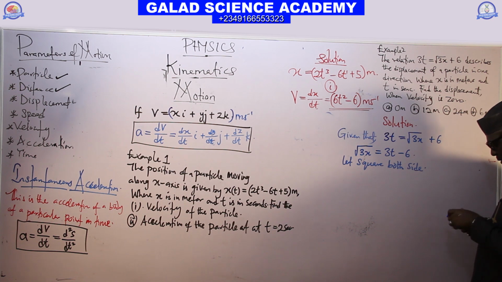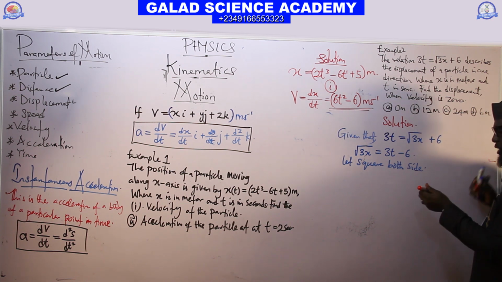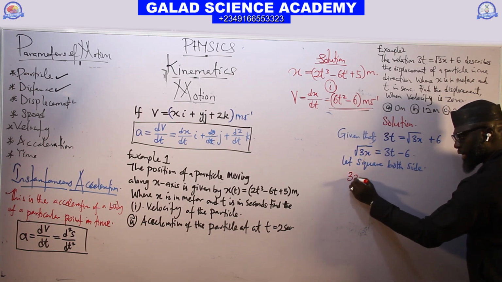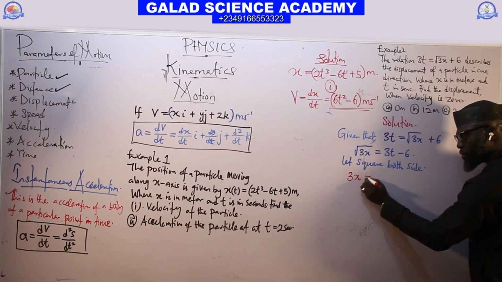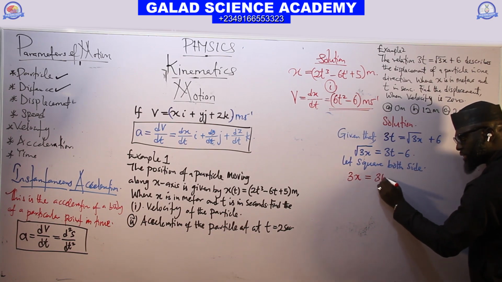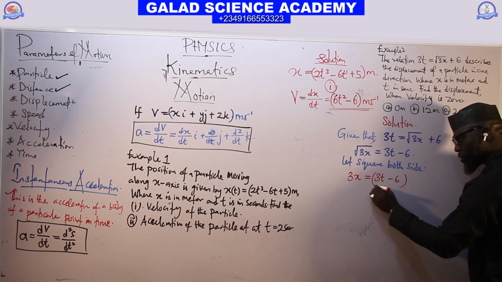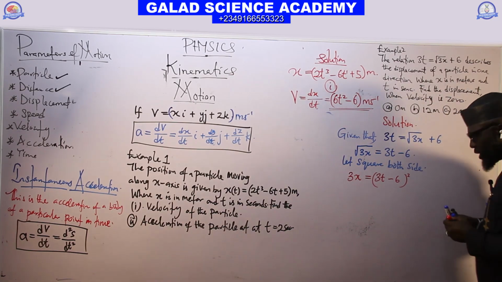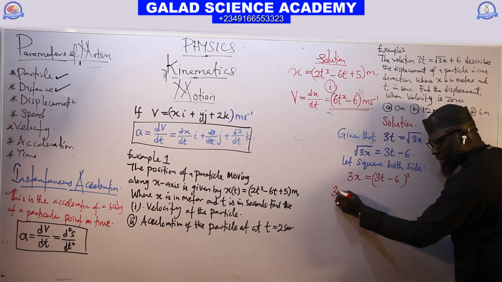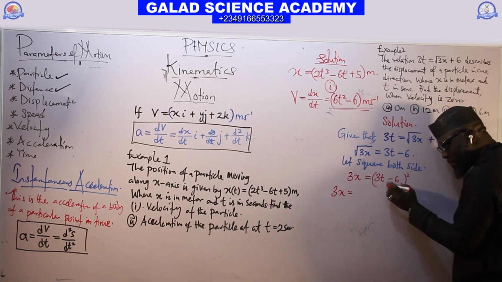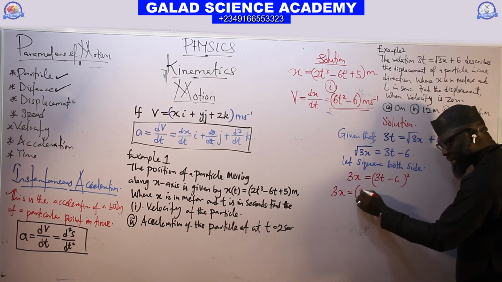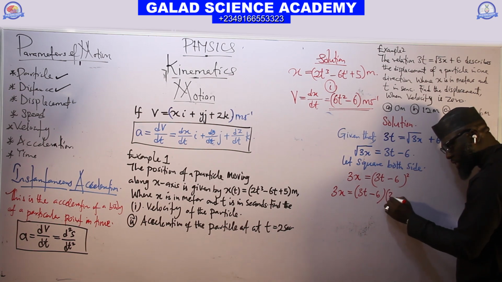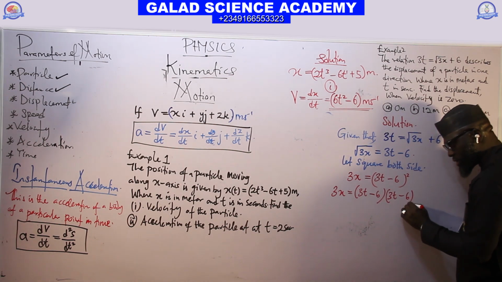By squaring both sides, this will give us 3x, which is what we remove, equal to 3t minus 6, everything squared. This is the same thing as 3t minus 6 into 3t minus 6, we write it twice.